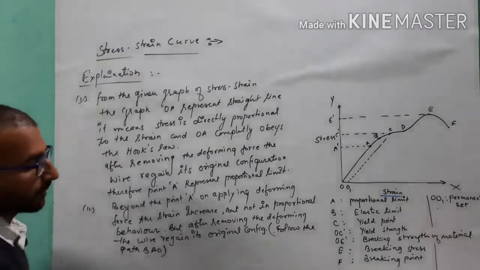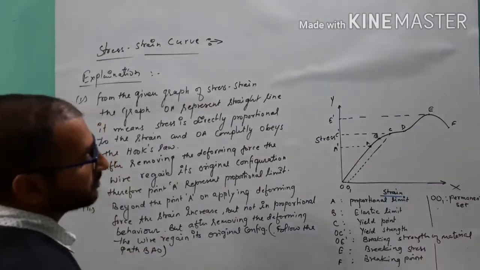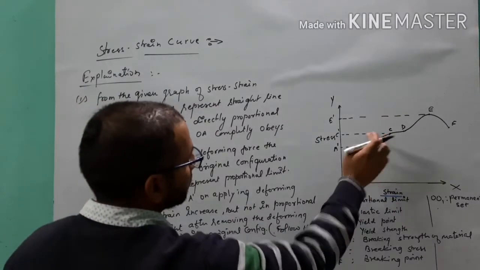Point clear? This is the explanation from the point O to B.